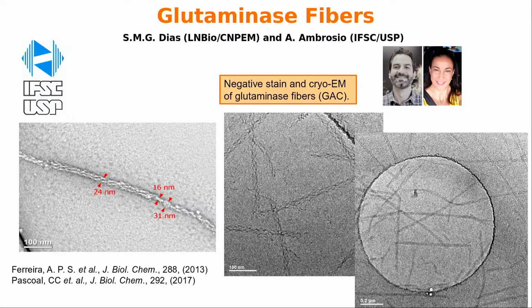They had this nice problem of a protein, a glutaminase, GAC, that formed fibers. At that time they were working on tetramers, crystallizing tetramers, but it came out in the electron microscopy that there were fibers. What we're seeing here is cross-linked, but we could see fibers.